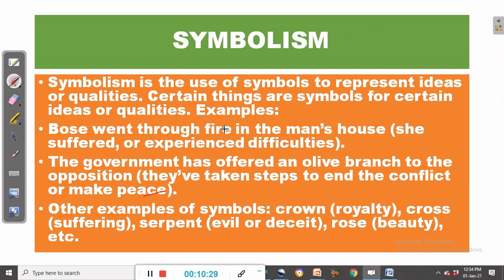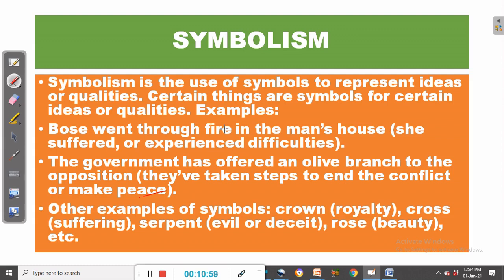Now, you know that fire symbolizes suffering or difficulties, and so you can simply interpret that sentence to mean that Bosse experienced some difficulties or that she suffered in the man's house. The government has offered an olive branch to the opposition. It means that the government has taken steps to end the conflict or to make peace with the opposition.